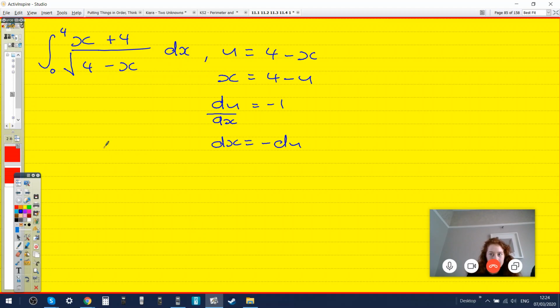Yeah. You could probably do it all in one go. Whichever way you like. I think I might keep it as the fraction. Okay. So that would become 4 minus u, then plus 4, sorry. Yeah. Not u.